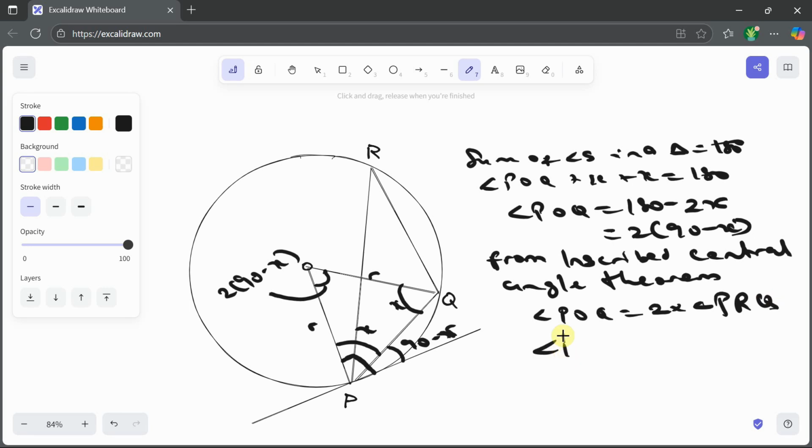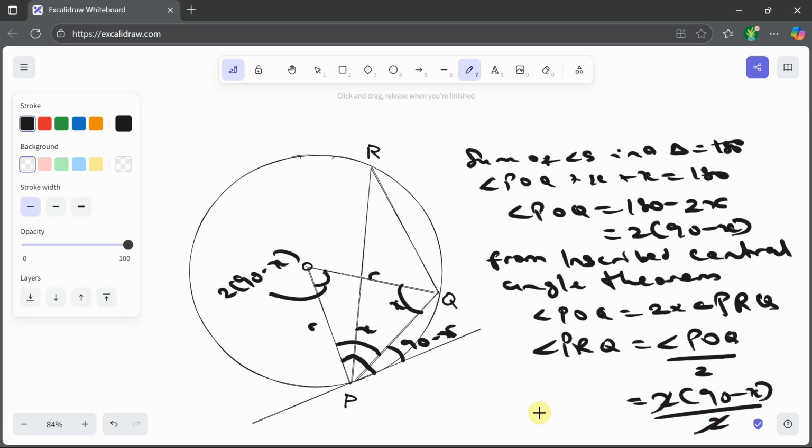So angle PRQ will be equal to angle POQ divided by 2, right? Our angle POQ is this guy, so that will be 2(90 minus x) divided by 2, and if you divide both sides, your angle PRQ is 90 minus x. So PRQ, this inside here, is 90 minus x.